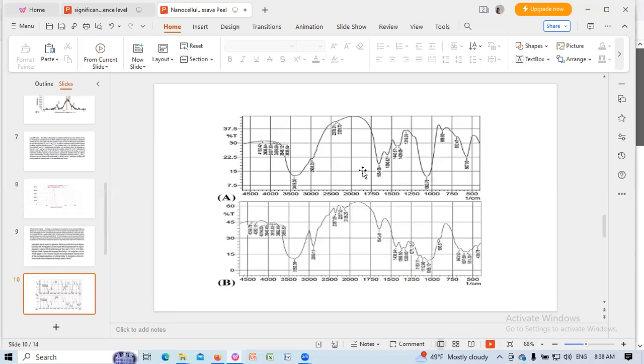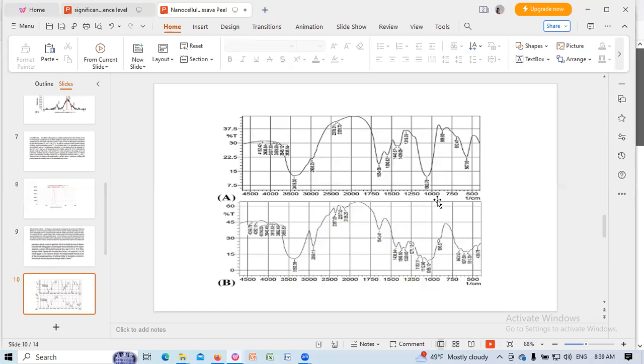In bacterial nanocellulose, 1550 is the CH stretching, 1440 is the CH2 stretching, and 1300 is the CH3 stretching.